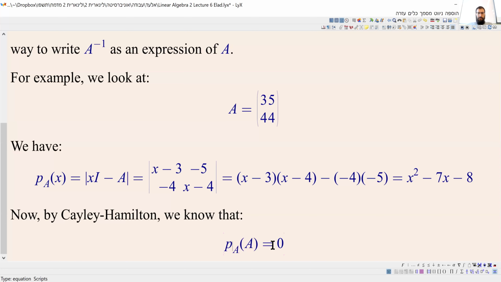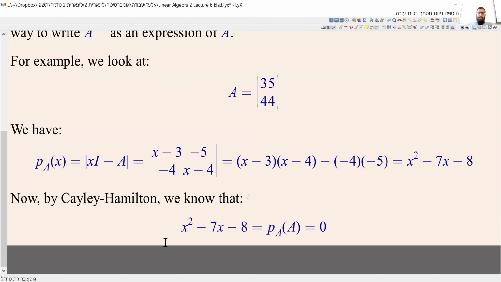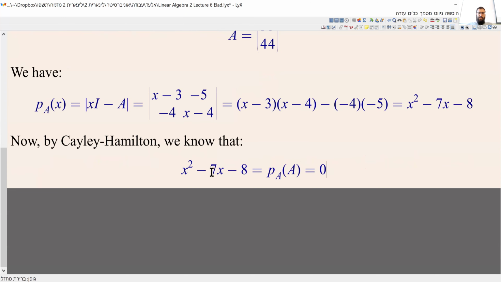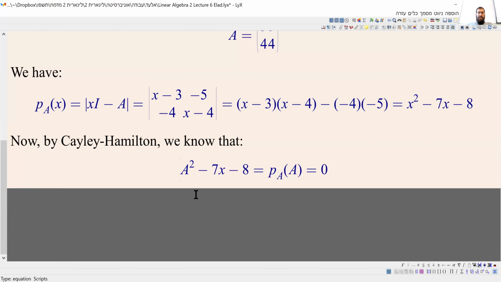But on the other hand, p_A(A) is just plugging A in instead of x, which gives us A squared minus 7A minus 8I. We enter the matrix into the polynomial, and we multiply the free coefficient with I, as we mentioned before.